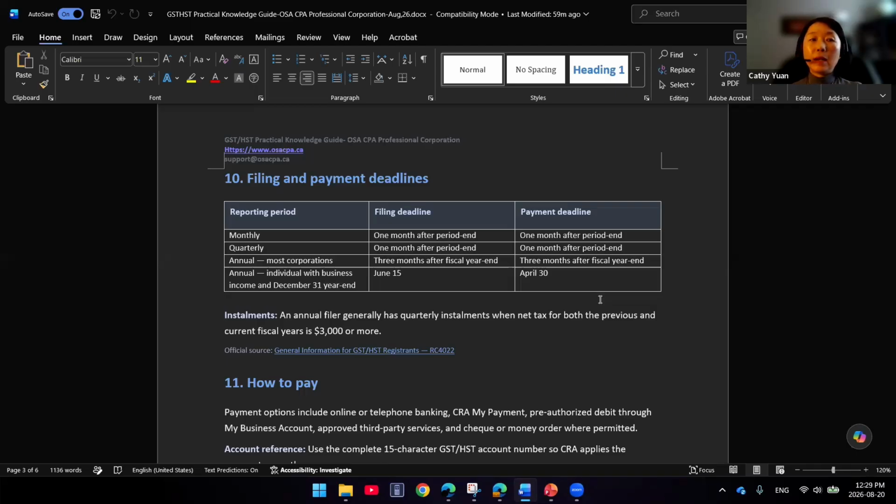If your fiscal year for the corporation income tax is December 31st, but for the GST/HST maybe April end, you have to reconcile because of the period difference. That is my other recommendation.